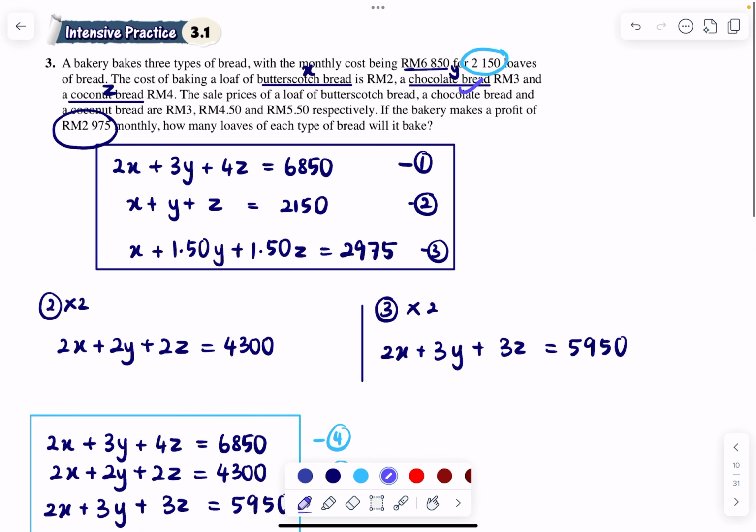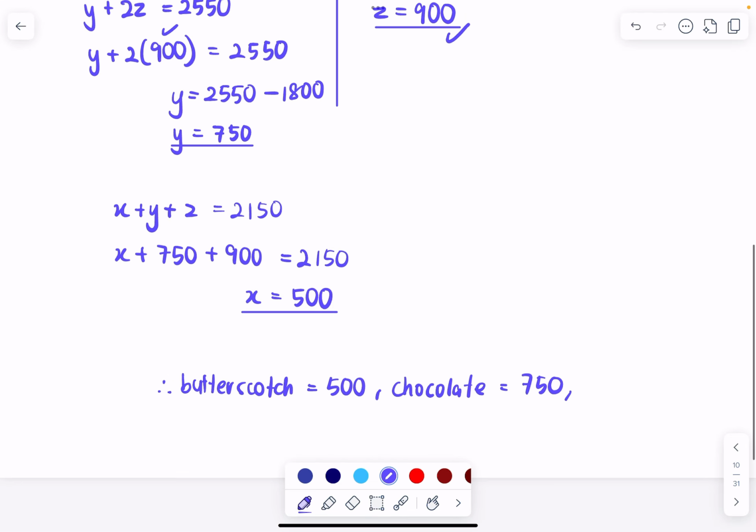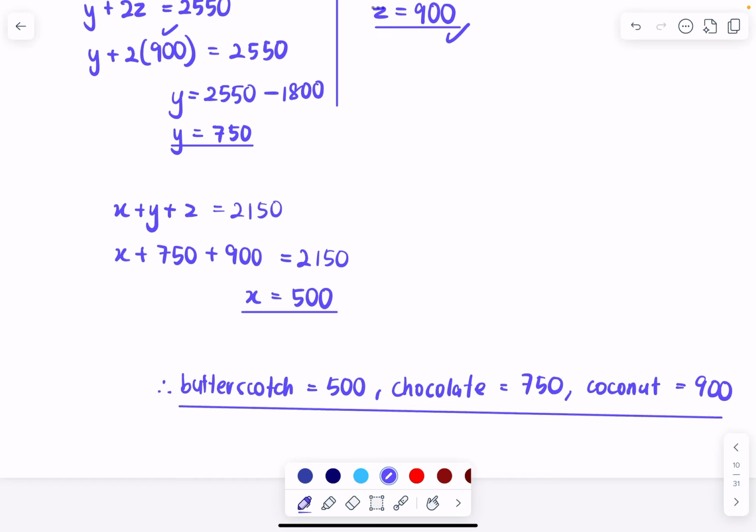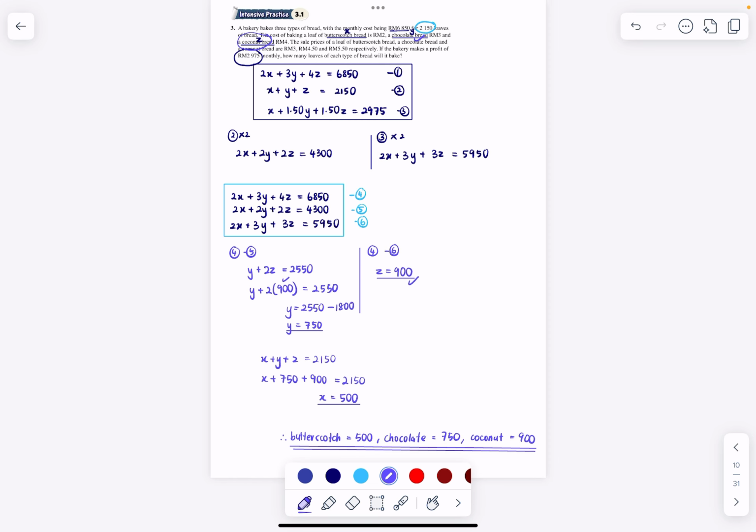And finally, coconut bread is 900. This will be our final answer. Done. That's it. This is how to solve question 3.